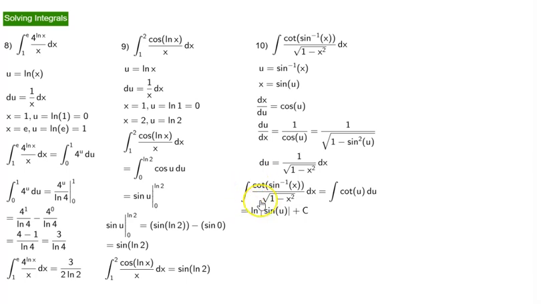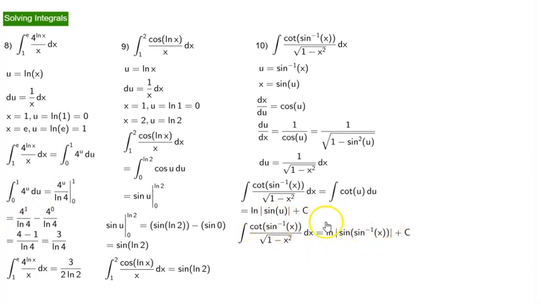So our integral cot of sine inverse of x divided by square root of 1 minus x square dx becomes integral of cot u du. Just check out the substitutions. And we know the integral of cot u is natural log of absolute value of sine u plus c. Don't forget the absolute sign.